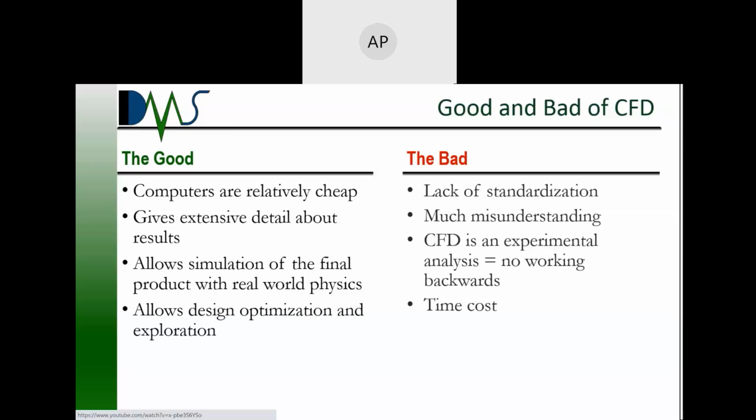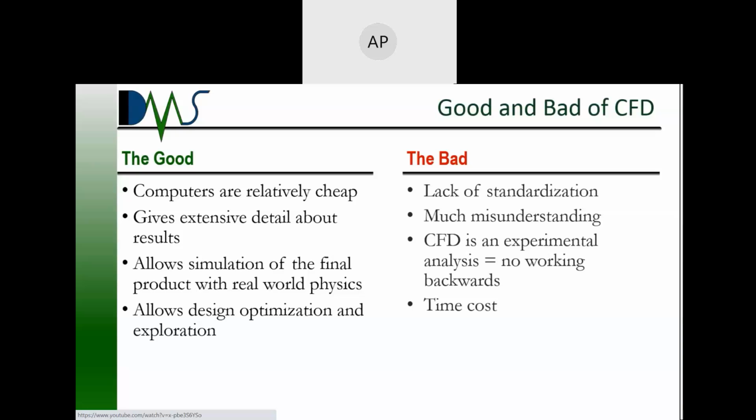Not so much for CFD. We don't really have a lot of standardization. And so it's really hard to tell one vendor from the other. We don't come with labels saying good vendor, bad vendor. There's a lot more detail that you need to know about how to pick one vendor over the other. And that does lead to a lot of misunderstanding. That does lead to a lot of misinterpretation, thinking that some vendors are bad.